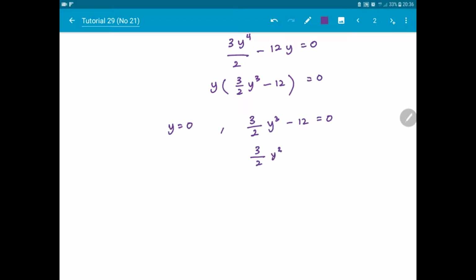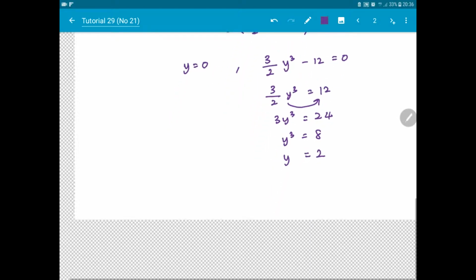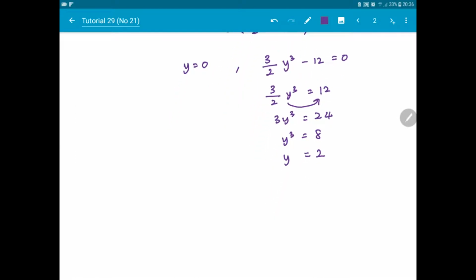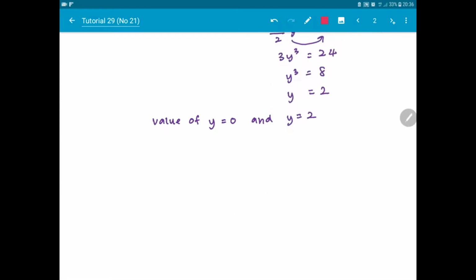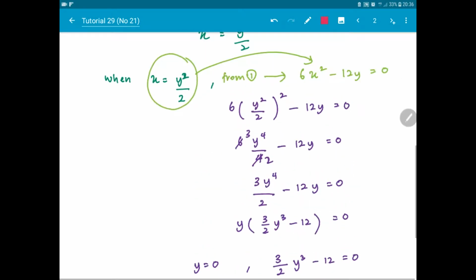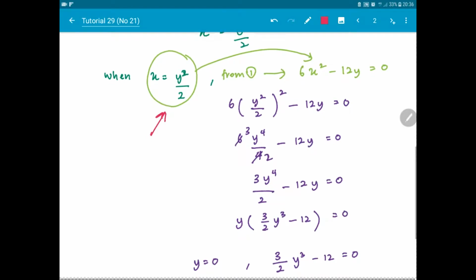3 over 2 y cubed equals 12. 3y cubed equals 24. y cubed equals 8. y equals 2. So we know that the values are y equals 0 and y equals 2. Hence, we know that x equals y squared over 2, right?